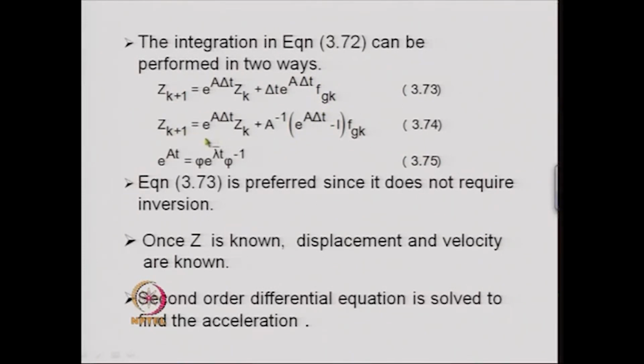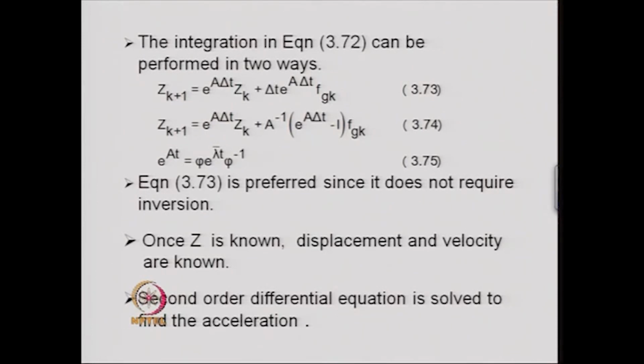Now, e to the power A delta t is difficult to obtain as such, because A is a matrix, but e to the power A t can be obtained in this particular fashion: phi multiplied by e to the power lambda bar t into phi inverse, where phi is the eigenvectors of matrix A and lambda bar is the eigenvalues of matrix A. And e to the power lambda bar t is a diagonal matrix in which each diagonal is of the form e to the power lambda bar i into t, where lambda bar i is the ith eigenvalue.